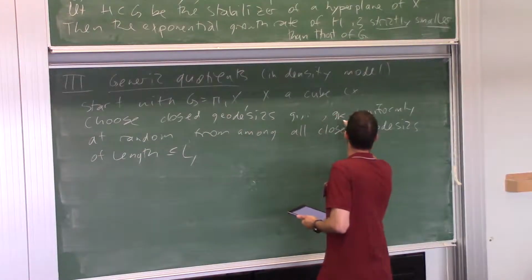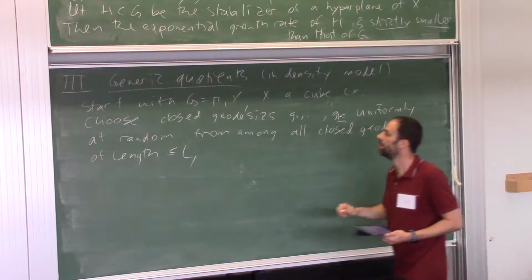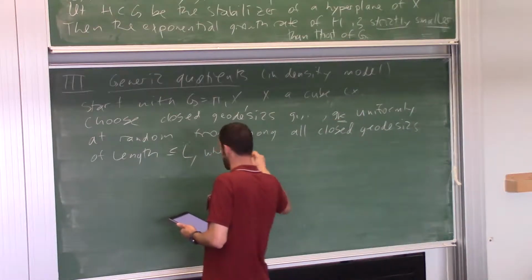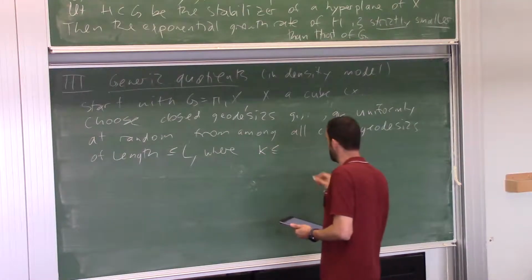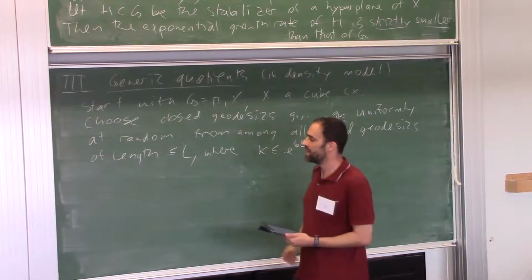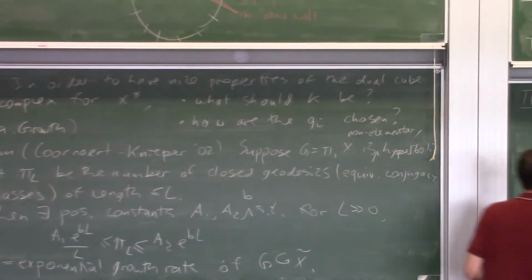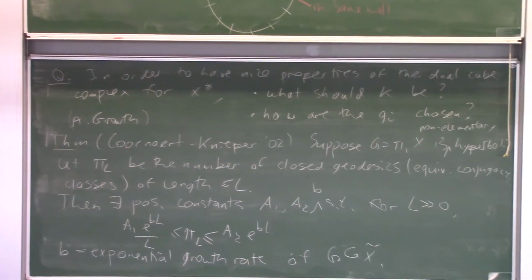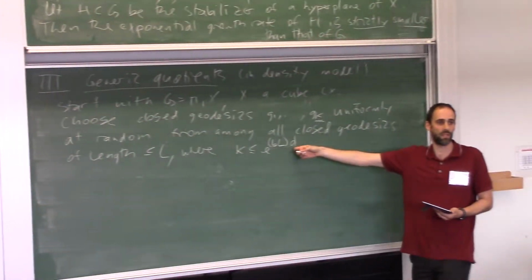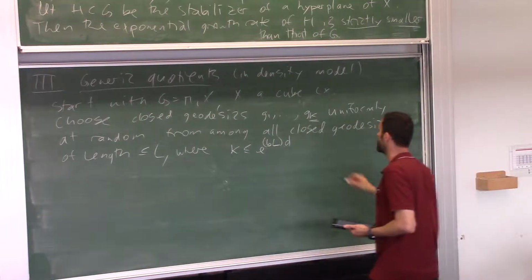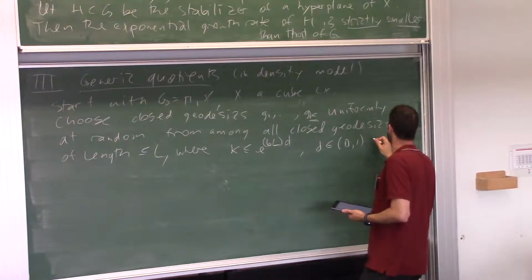And the key thing here is this number k of them, where how many geodesics are you allowed to take? K is upper bounded by e to the BL, which is the growth of the whole group. But we're going to multiply by a number d, which is to say take the d-th root of the number of all the available relations, and d is strictly between 0 and 1.